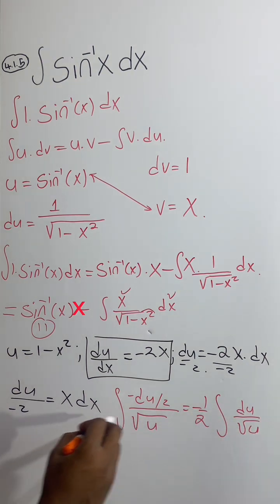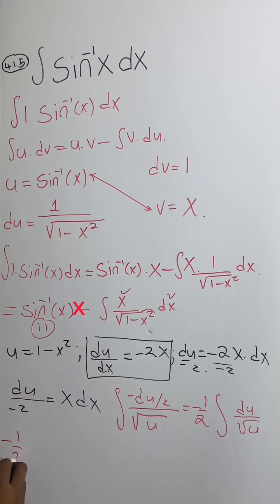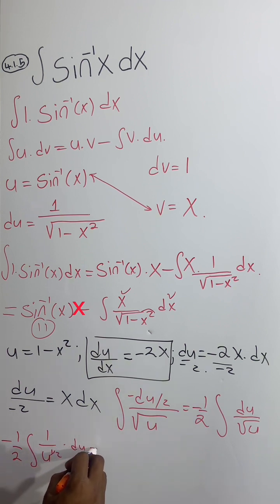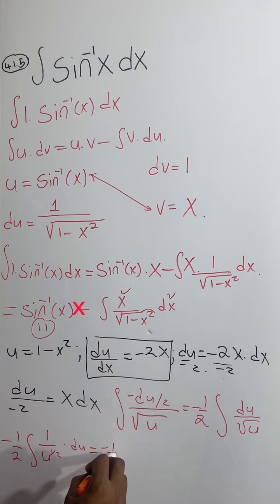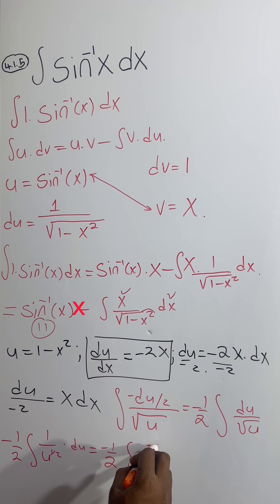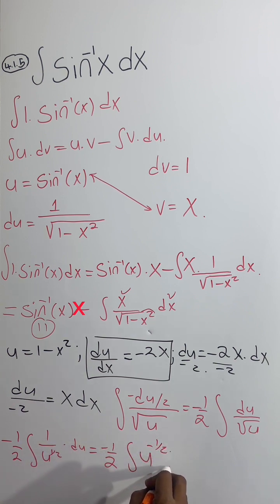We can express that integral as 1 over u to the power 1 over 2 du, which can also be expressed as u to the power minus 1 over 2 du.